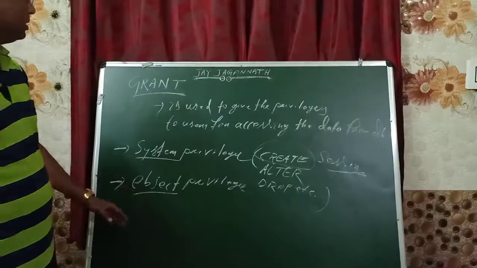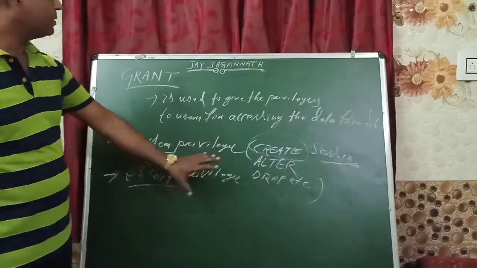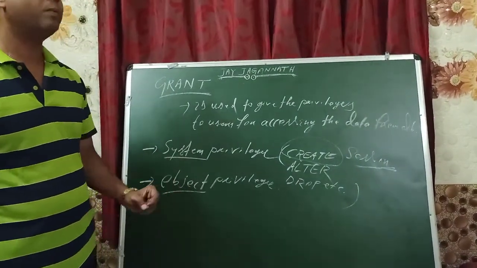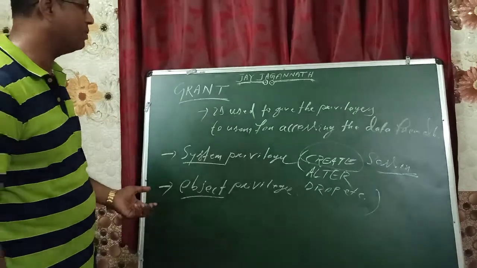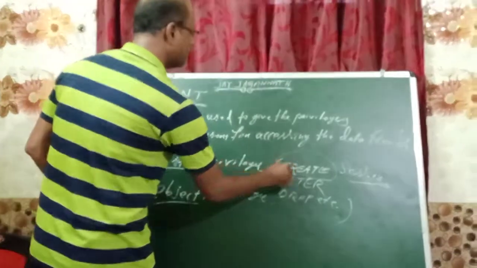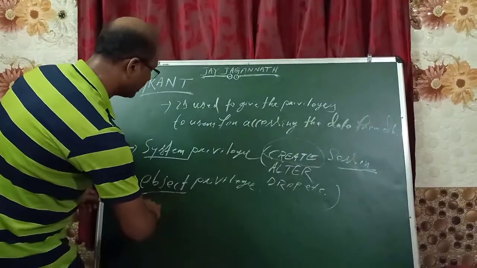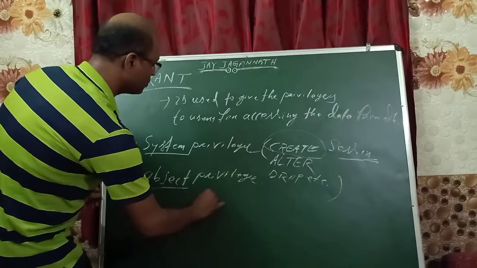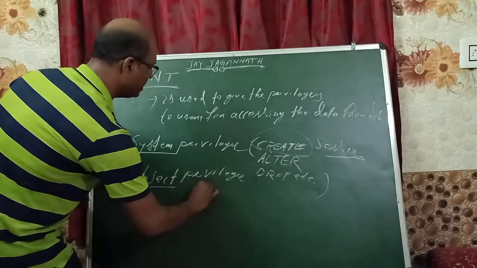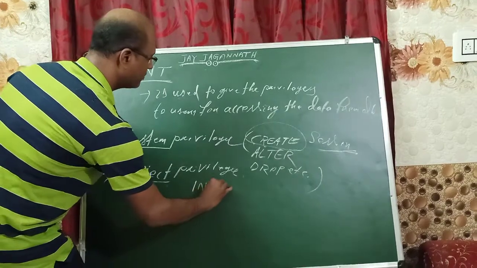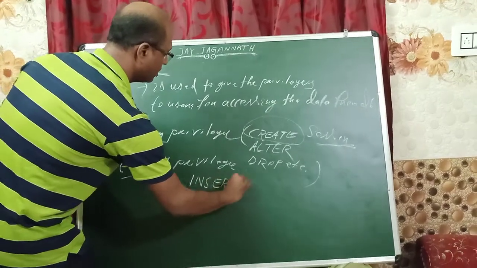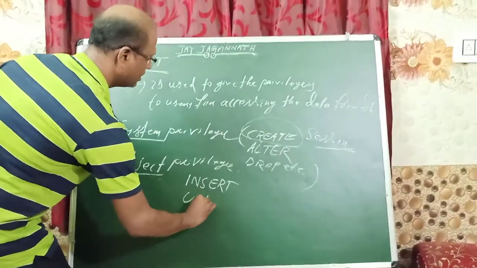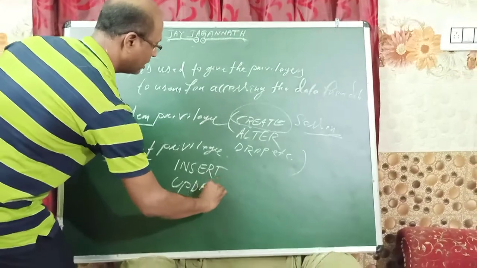But getting object privilege, one user can perform all types of DML operation. This is DDL operation, and getting the object privilege, one user can perform DML operation, that is insert, update, and delete.